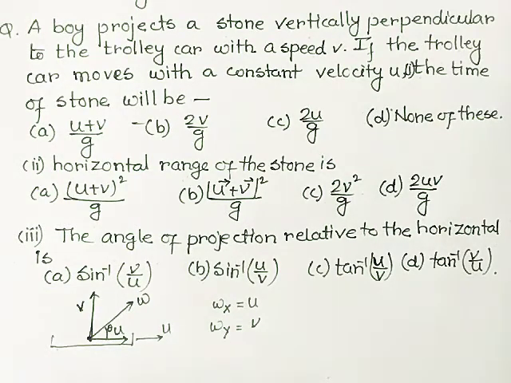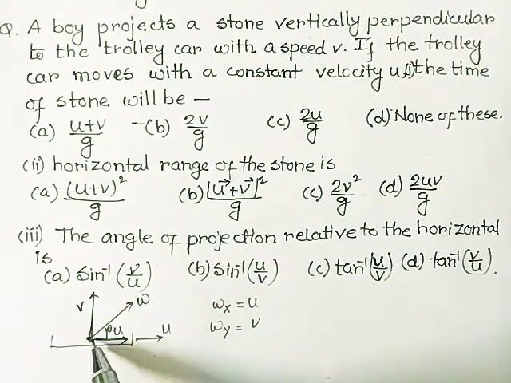But here it is said in a different way. It is not said that the particle is projected with the velocity w by making an angle theta with the horizontal. It is said that a trolley is moving with the velocity u, and a boy within the trolley throws the stone perpendicular.